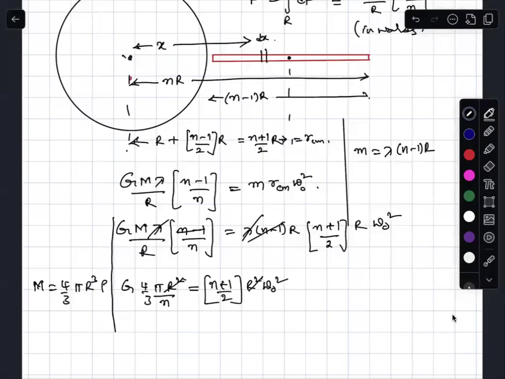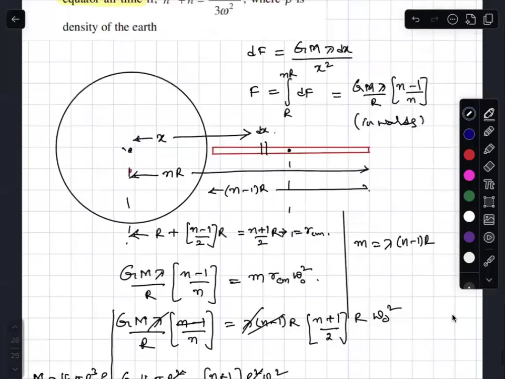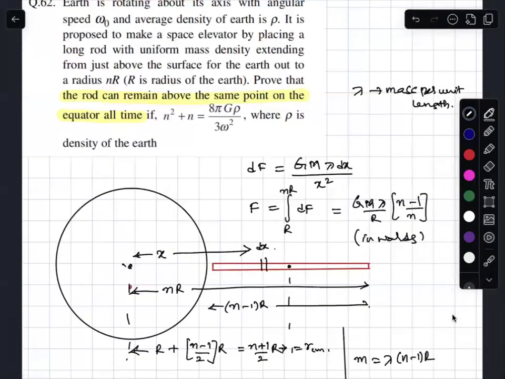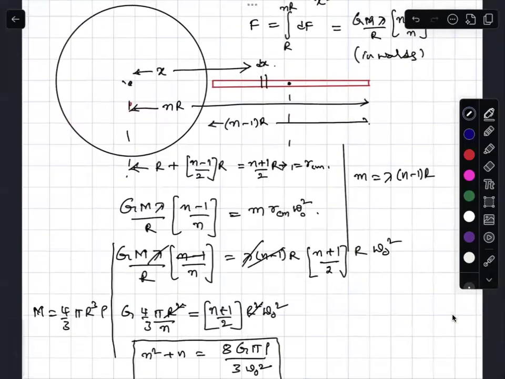R square cancels. So the condition you want is n square plus n is equal to 8 G pi rho by 3 times omega naught square. Let me see whether I have proved it or not. This is what I got. Thank God. Any doubt? Clear? What is the concept? Equating forces and linking that to the satellite. Three concepts.